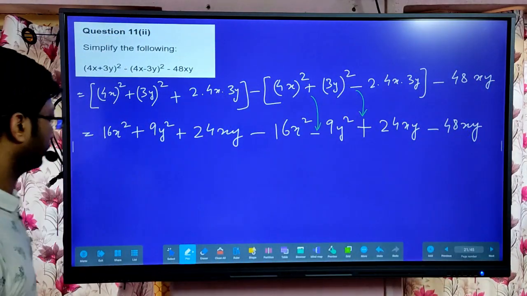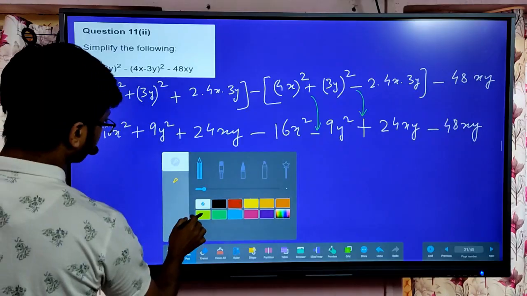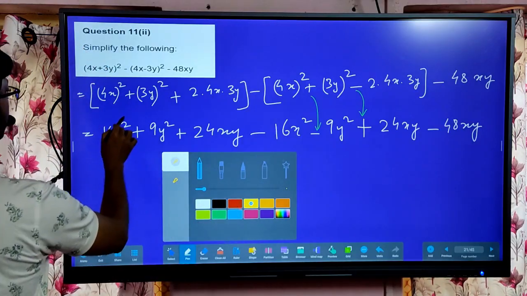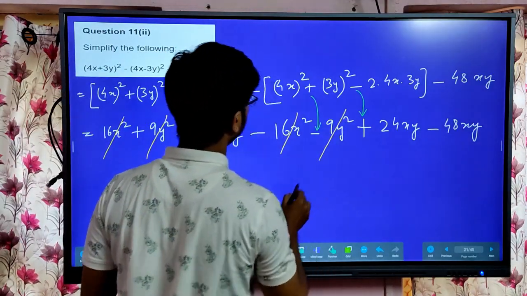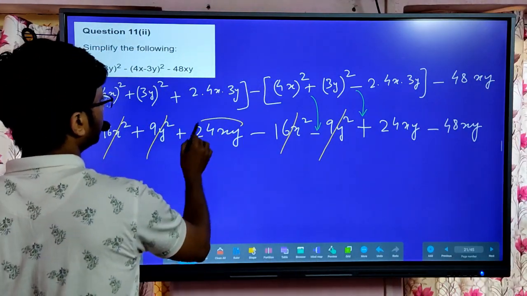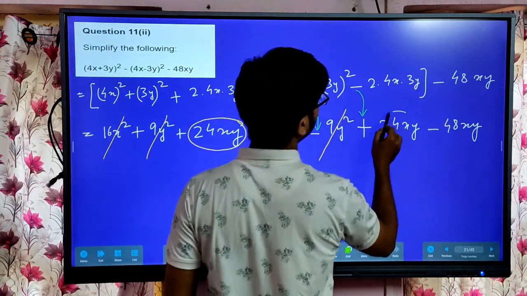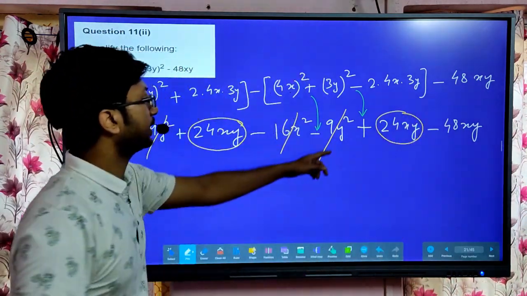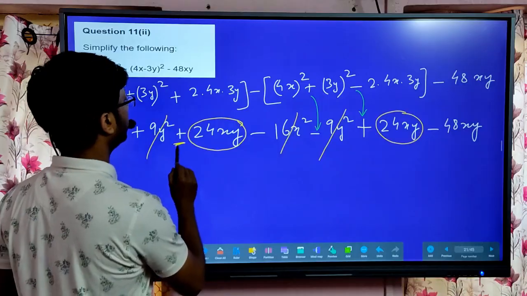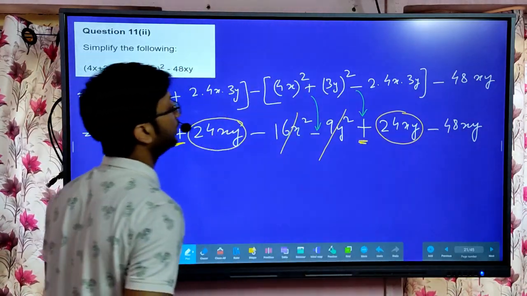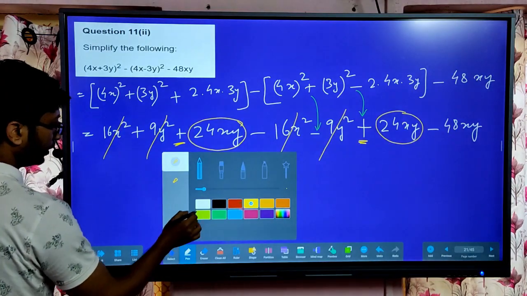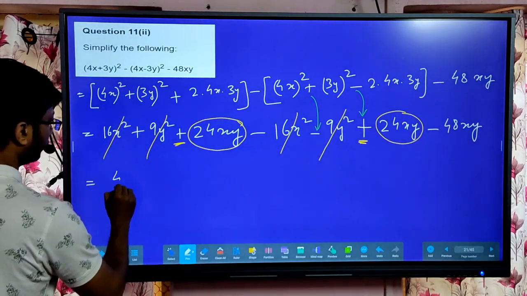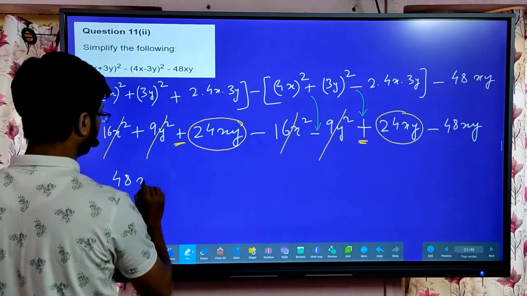Now you can cancel this out. 16x square minus 16x square, 9y square minus 9y square. This is plus 24xy and this is also plus. Don't cut this, see the sign. This is also plus over here, so they will add up. 24 plus 24 is 48, so they will add up to become 48xy.